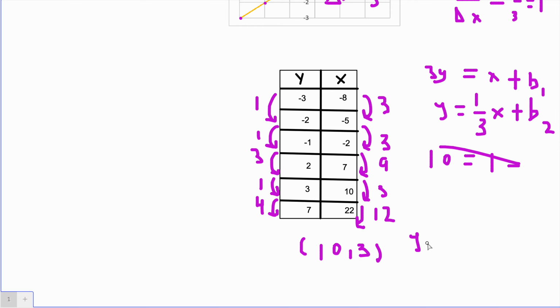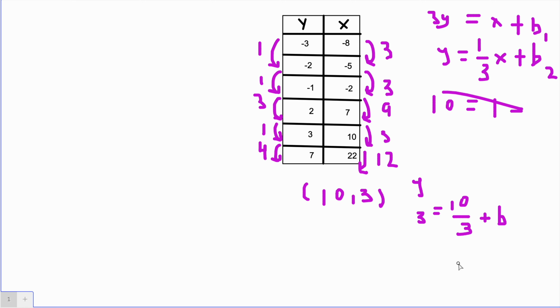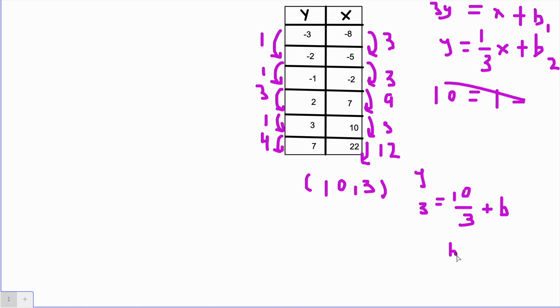So 3 equals 10/3 plus b, and 10/3 equals 3 and 1/3, so b equals negative 1/3.